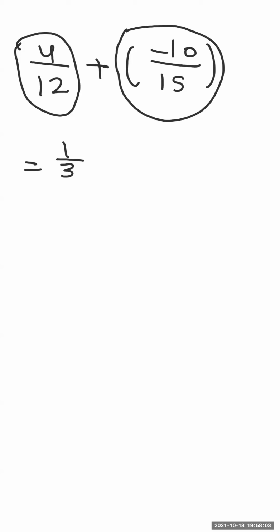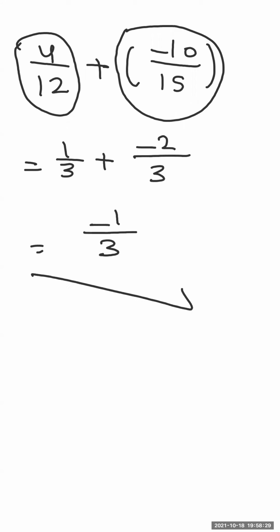Then plus, the second number, if I divide the two numbers by 5, it will equal negative 2 over 3. So now, no need to unify the denominators, no need to solve it like before. So it's 1 over 3 plus negative 2 over 3. So simply, this one will equal 1 plus negative 2, negative 1 over the denominator, which is 3.